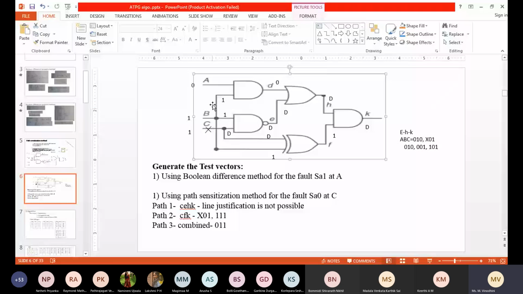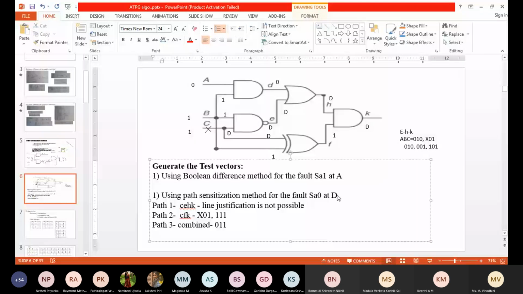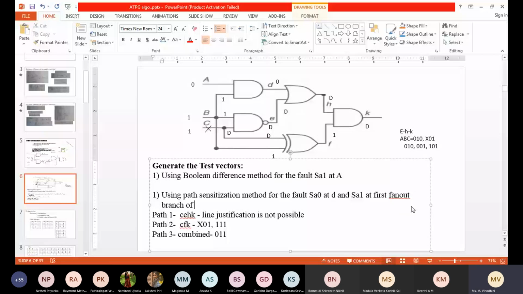Again, I'll repeat the question. Same circuit, D stuck at 0 I told, right? Stuck at 0, fault at D, and stuck at 1, fault at first fan out branch of second primary input.